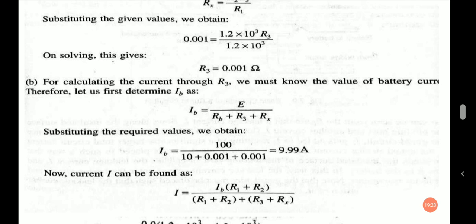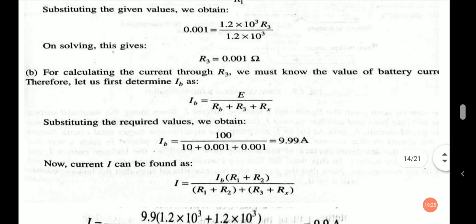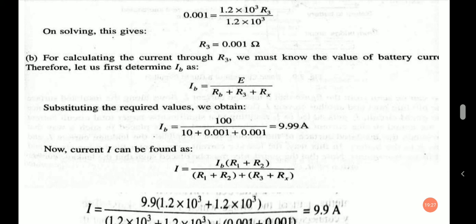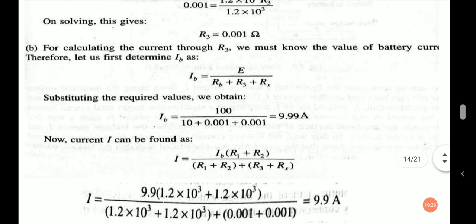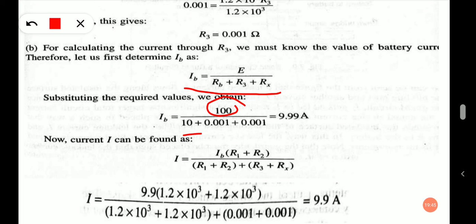For calculating the current flowing through R3, we must know the value of battery current. Therefore, first we have to calculate IB, and IB is E upon RB plus R3 plus Rx. If we substitute the values, E is 100 volt, RB is 10, R3 is 0.001 and Rx is also 0.001.